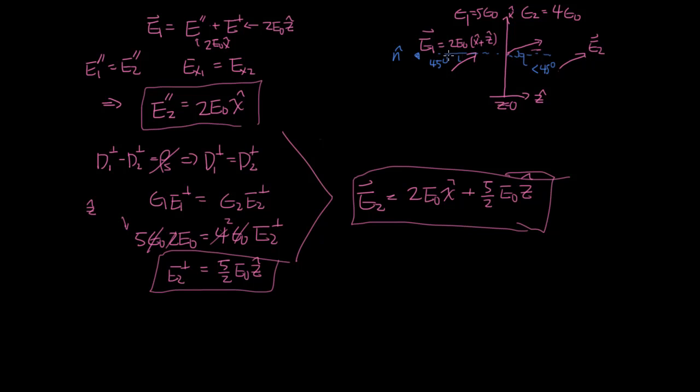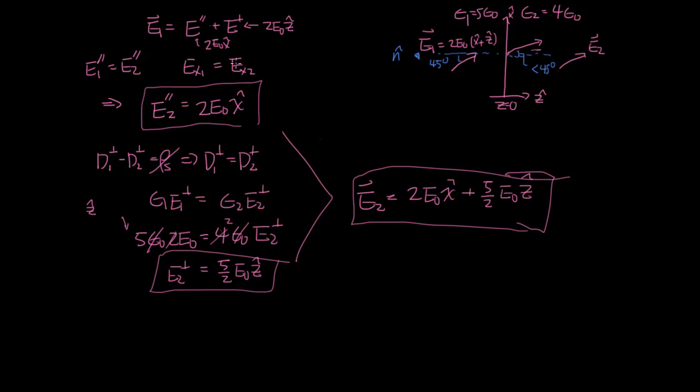Another key important thing is that if you're coming straight on, the field won't change because there's no differentiation between the normal and the tangential component. But if you're off the normal by any amount, you're going to get some slight change in the angle. And this phenomenon, this boundary condition criteria, is how we end up with Snell's law and light refraction, where you see the light bending as you go from one medium to another.